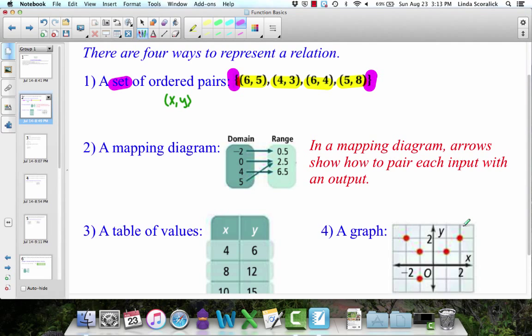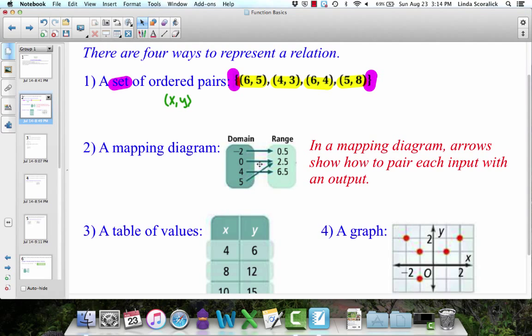You can also express a relation using what we call a mapping diagram. In a mapping diagram, you have these 2 bubbles, one for what we're going to call the domain, which is something we'll define in a little while, and the other for what we call the range. You can see that in the domain here we have 4 different elements, -2, 0, 4, and 5. We also have 3 elements in the range. Elements in the domain are paired with elements in the range, and we use arrows to show how those pairings happen.